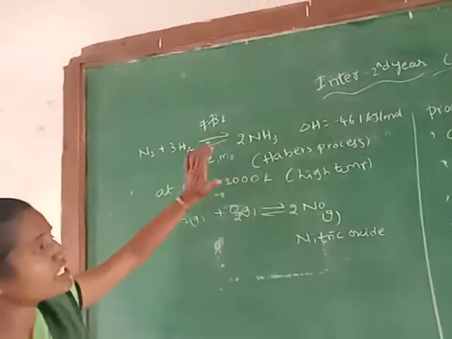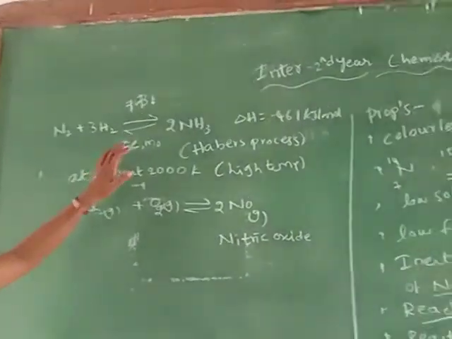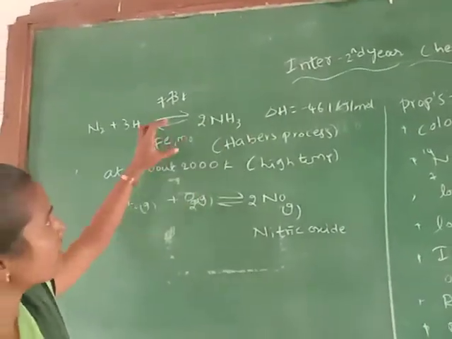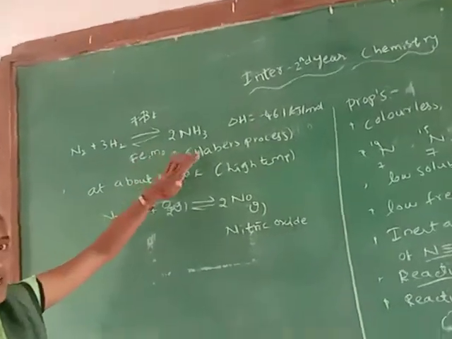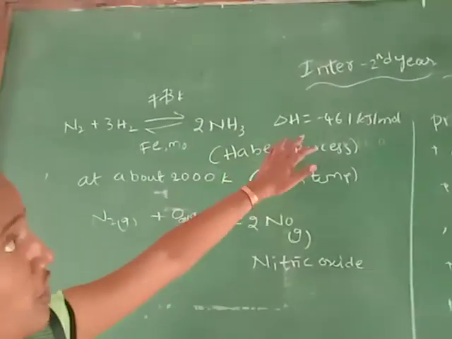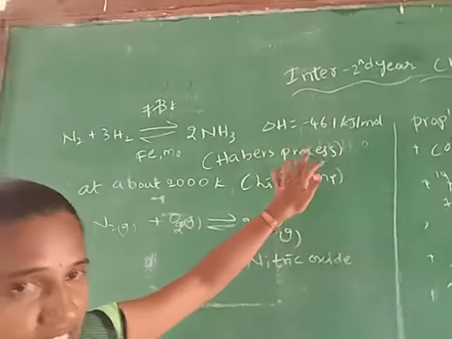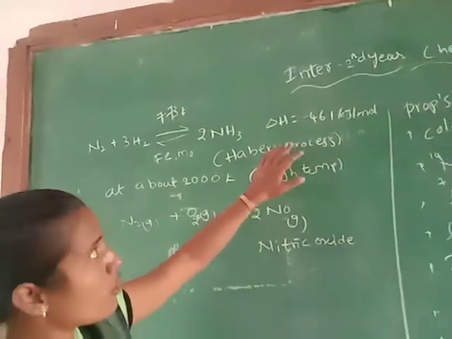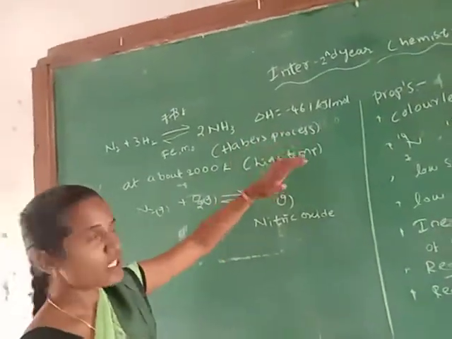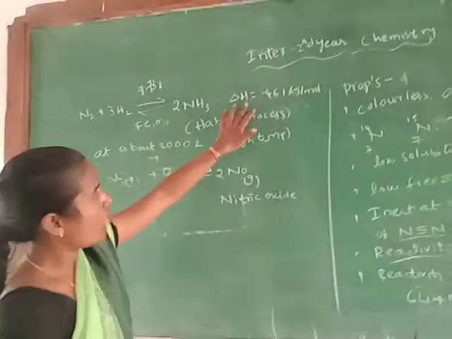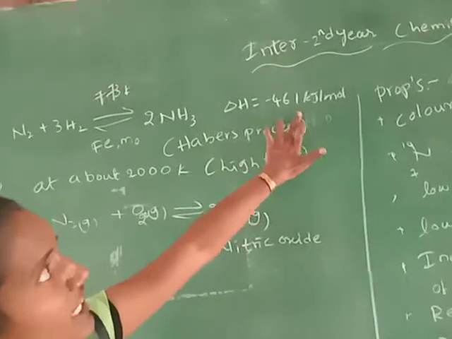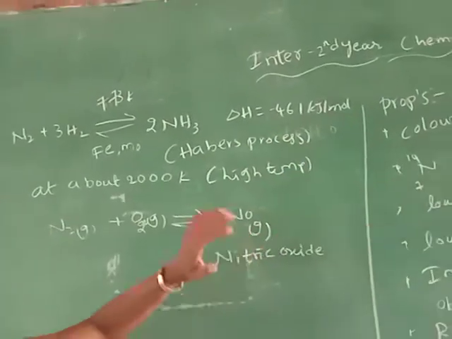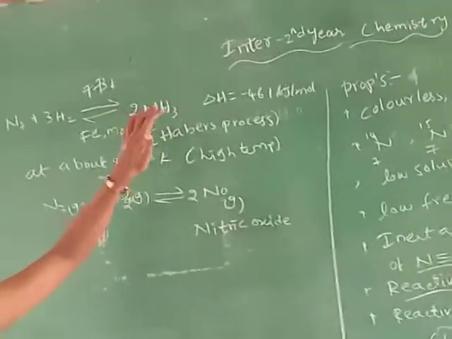It is a reversible reaction, and during this reaction some amount of heat is released. This is known as exothermic. Exo means heat is evolved. The heat evolved is minus 46.1 kilojoules per mole during the formation of ammonia.